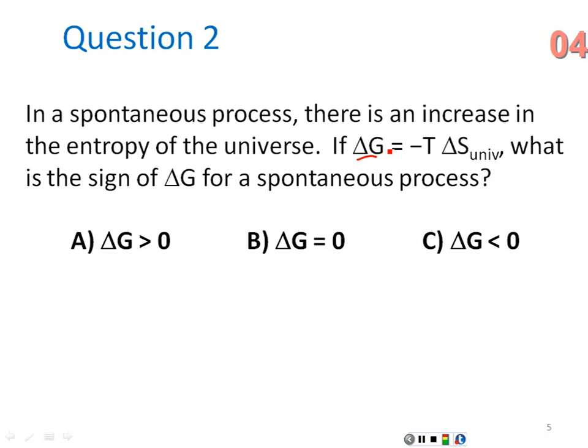Entropy has to be a positive value for a spontaneous process. But if we're multiplying that by minus temperature, delta G then has to be a negative value for a spontaneous process. So delta G, the free energy, and entropy are inversely related. For a spontaneous process, the entropy of the universe has to be positive, but delta G has to be negative.